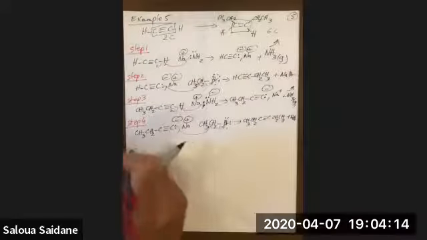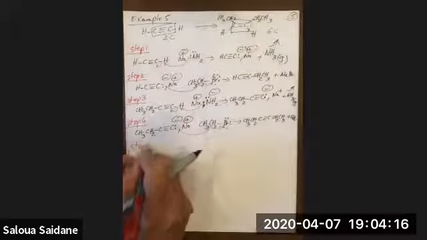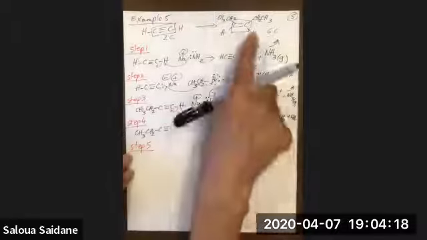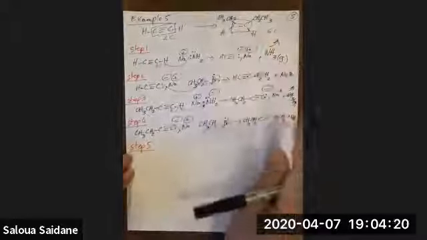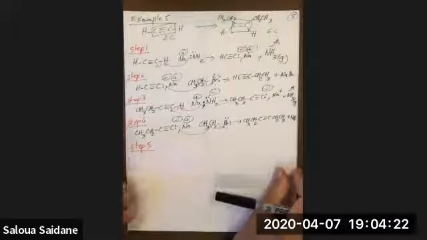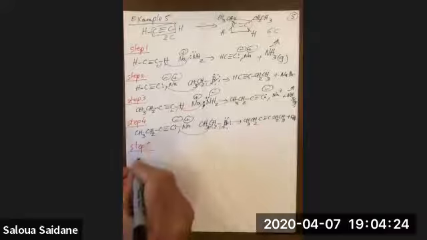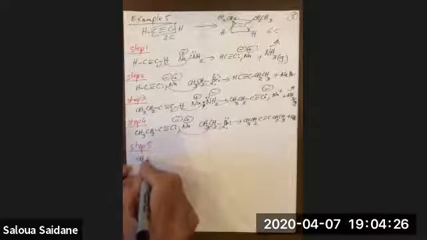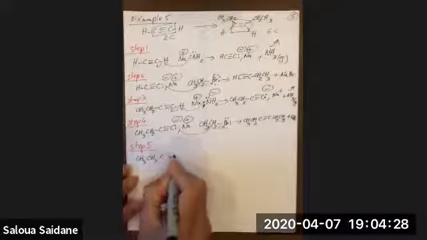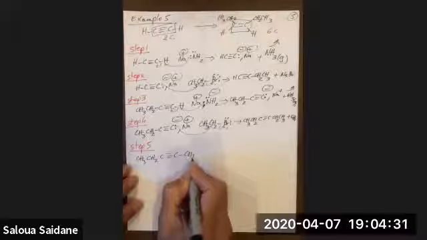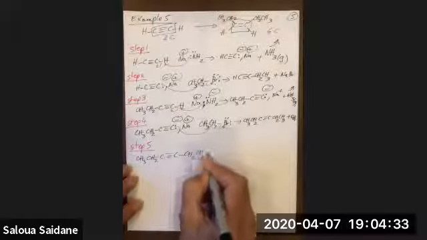So our last step, step 5, we want to add hydrogen, but we want the cis. So the one that gives you the cis is the Lindlar. So we go CH3, CH2, C triple bond C, CH2, CH3.